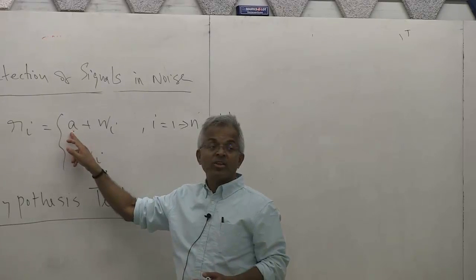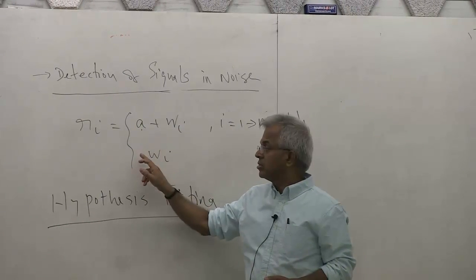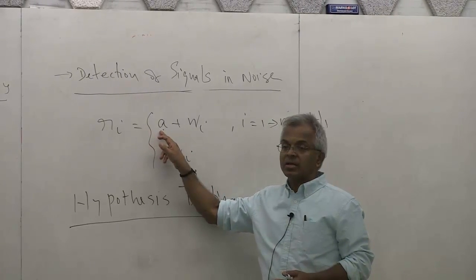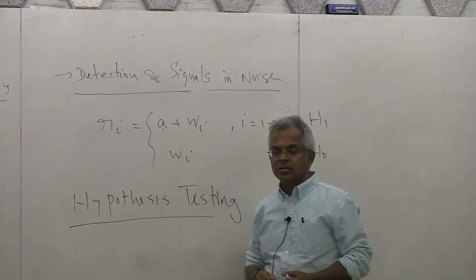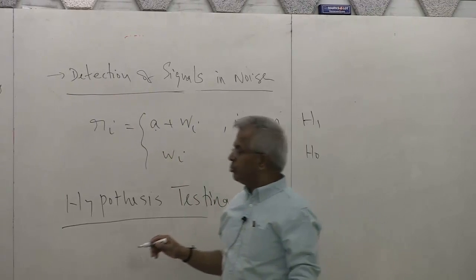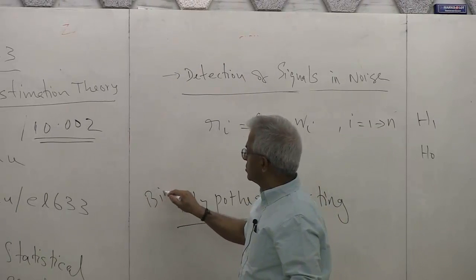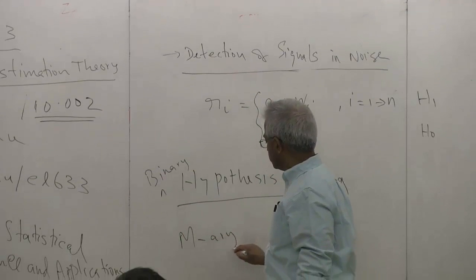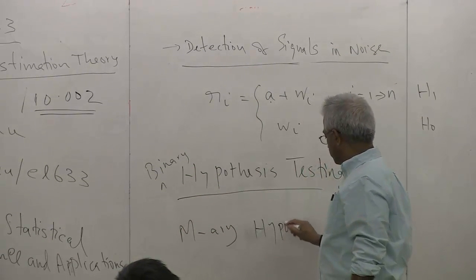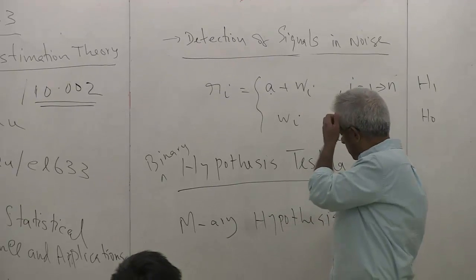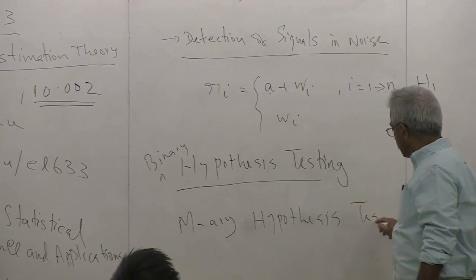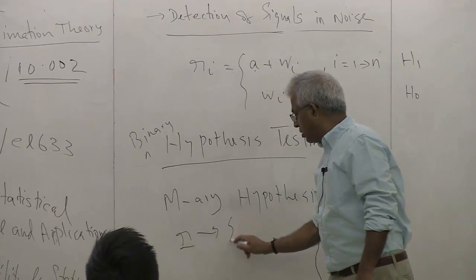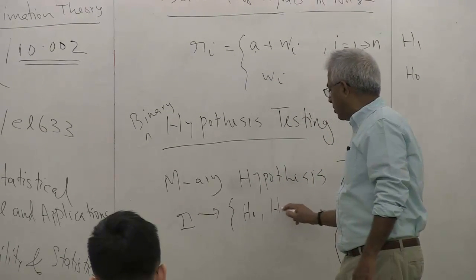In communication, this is 1 plus noise, or 0 bit plus noise. In radar, it's a target plus noise or no target. So the way I have put it, this is called binary hypothesis testing. But the general problem is M-ary hypothesis testing. In general, you have the data set, and you need to weigh the data set against M possibilities.